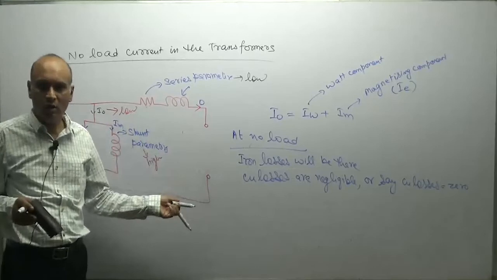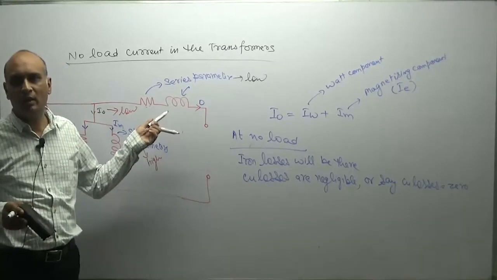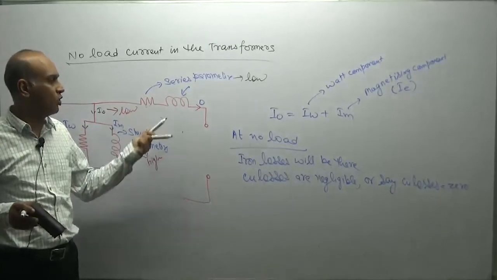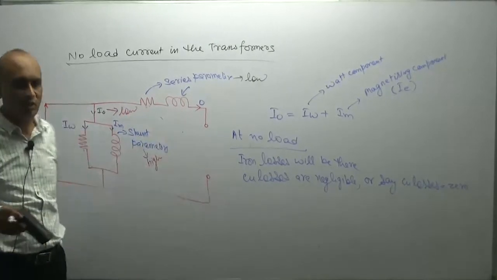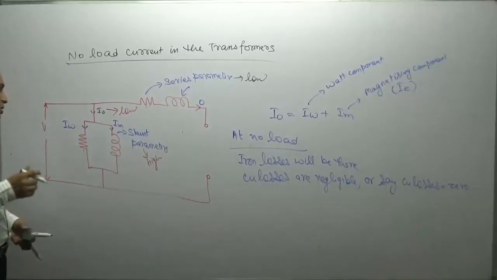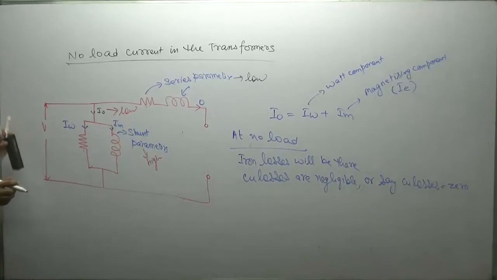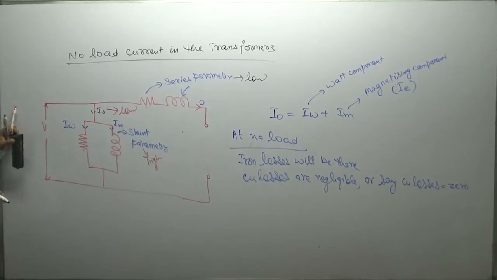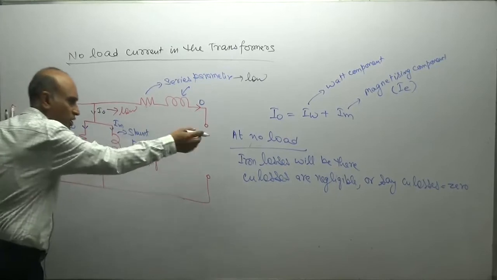More will be the load, more will be the current, and more will be the copper losses. In most cases, generally the applied voltage is fixed. So in the problems of transformer, you will find that iron losses are generally taken as fixed, but load is changing.